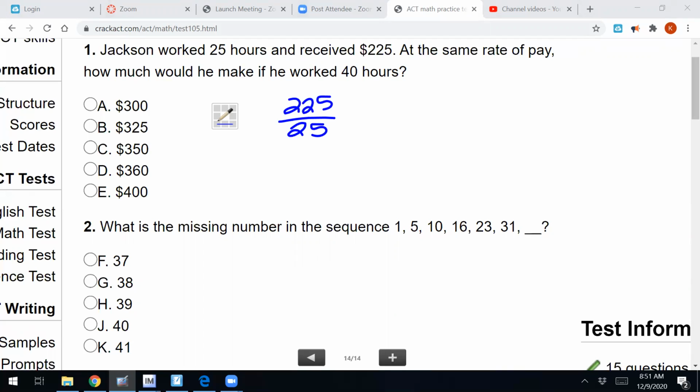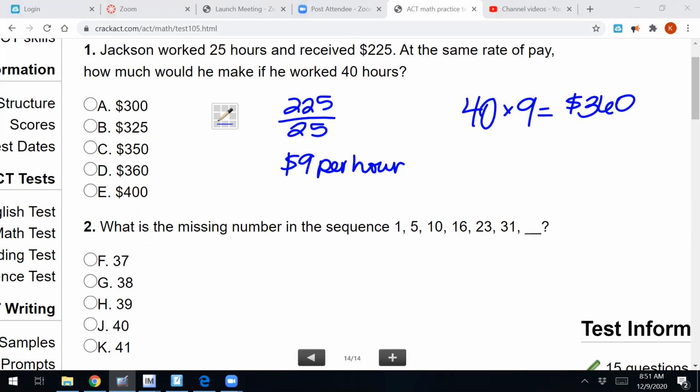So he's making $9 per hour. That's good. Okay. Good. So then we're working 40 hours. We're making $9 an hour. So what's that going to give us? Good. Awesome. Hopefully you get lots of those on the ACT, but chances are probably slim.